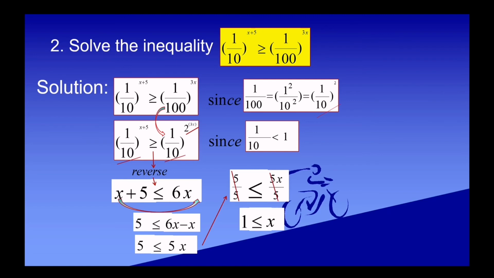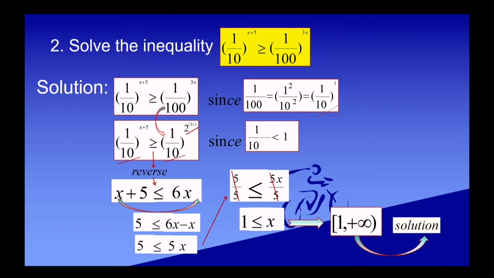So yan, 1 is less than or equal to x. So this time our solution set is bracket 1, then positive infinity. So 1 is included in our solution set because 1 is less than or equal to x. So this is our solution set.